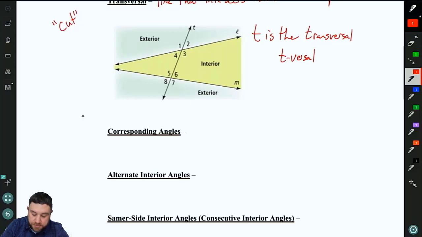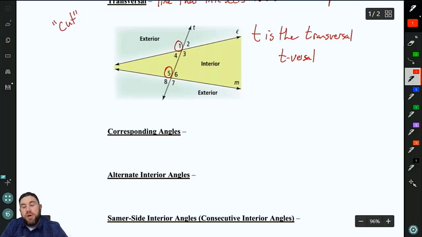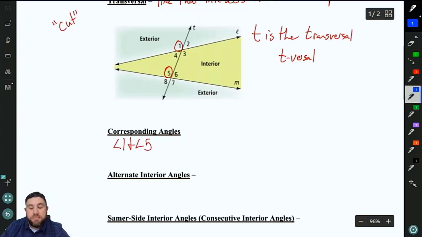So when we look at corresponding angles, if we look at angles 1 and 5, both of those are the upper left angle in their intersection. So angle 1 and angle 5 are corresponding angles. Then 2 and 6 are corresponding angles.